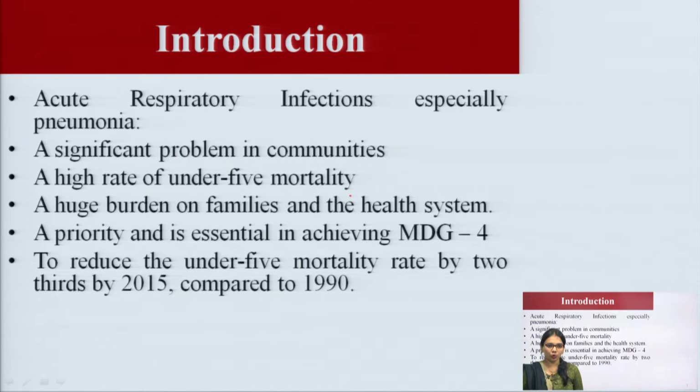As we all know, acute respiratory infections, especially pneumonia, indicate an infection of any part of the respiratory tract of less than 13 days duration, and otitis media of less than 14 days duration.